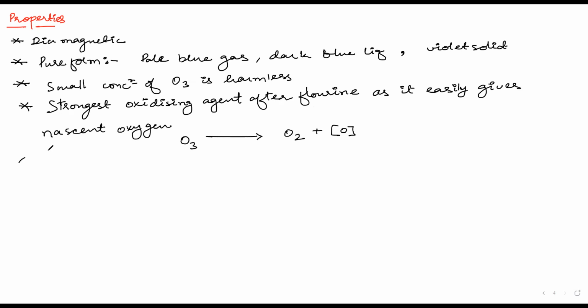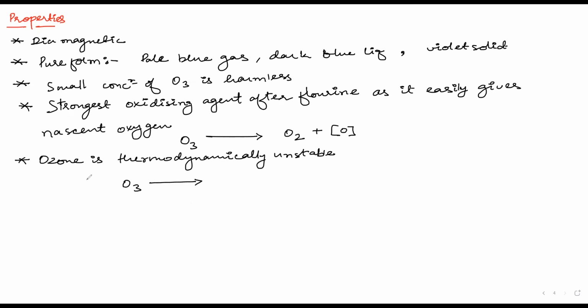Next point is also important regarding the stability, that is the thermodynamic stability of ozone. Ozone is thermodynamically unstable. What does this mean? If you have O3, it can easily decompose into O2.